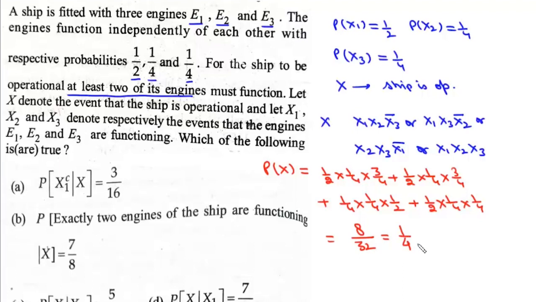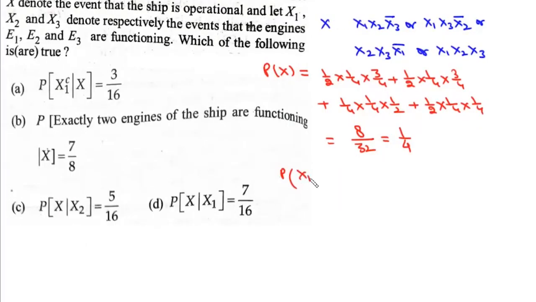which is 1 by 4. Now for the first one, we have to find this conditional probability that X1 is not operational given that the ship is operational. Now this is probability of X1 complement intersection X divided by probability of X. Now if engine 1 is not functioning, it is only this third case.